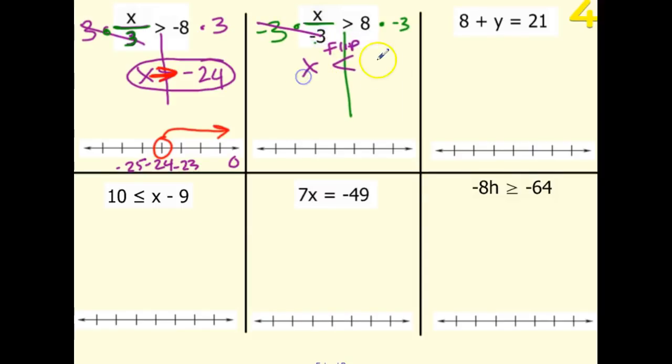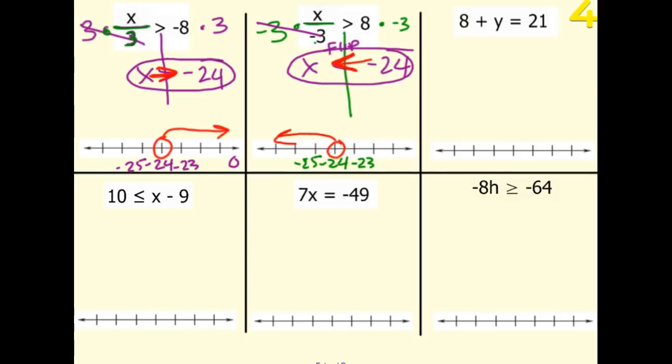I divided by a negative, and 8 times -3 is -24. So the same type of problem, almost exactly the same, except the negatives were in different spots. So we still have a -24, 23, 25 over here. Again, open circle, but this time, because we had to flip our symbol, less than, like an L here, is to the left.